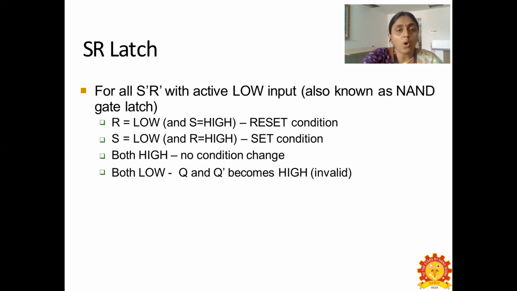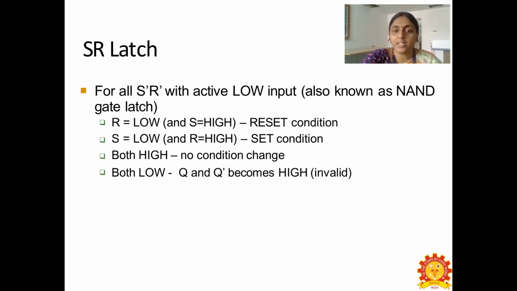Now S dash R dash is implemented with a NAND gate latch. The previous example was implemented with a NOR gate latch, and here the S dash R dash input is implemented using a NAND gate latch. With active low input, in the reset condition R is low and S is high.